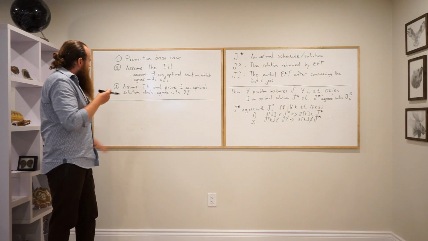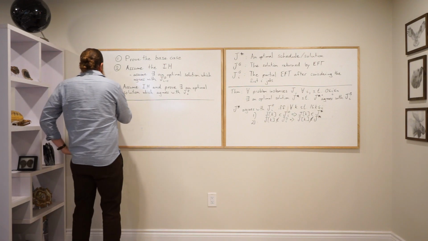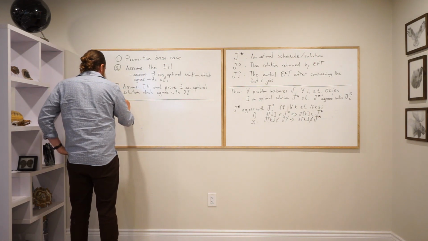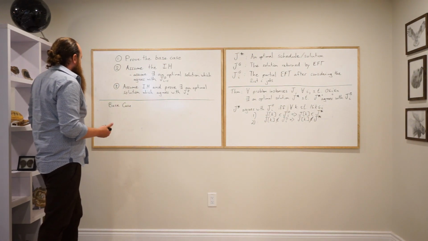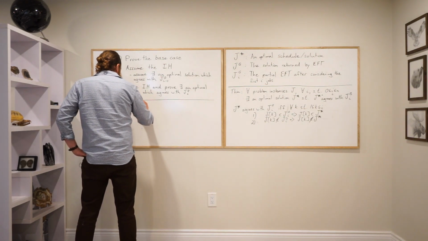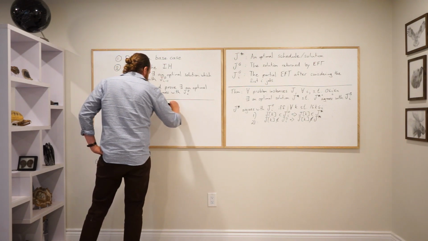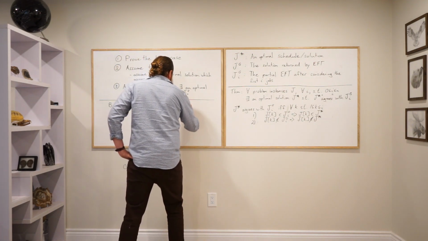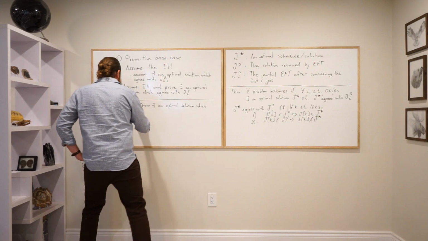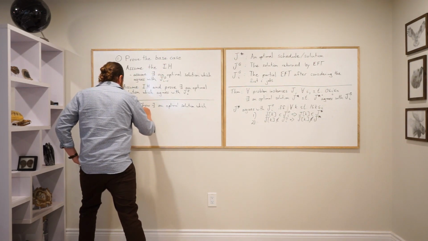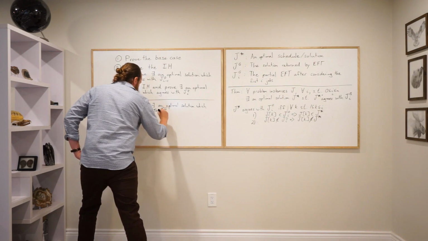Okay, well, first, before we get to these two steps, we got to prove the base case. Well, what's the base case? We need to show there exists an optimal solution which agrees with JG0.